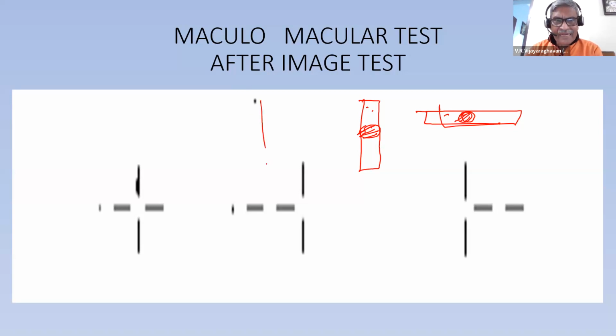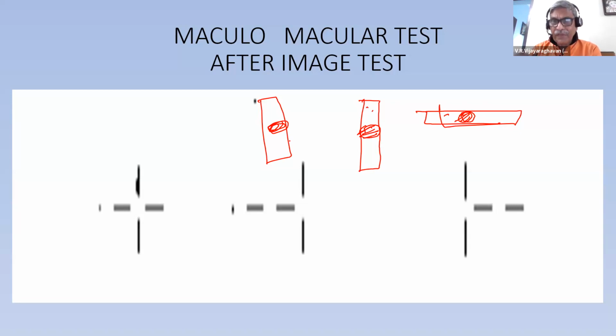Now I will make the light vertical, with a dark area here, and I stimulate the squinting eye, the ARC eye. This vertical light, that point, is going to fall on the fovea of the ARC eye, because we have covered the normal eye.